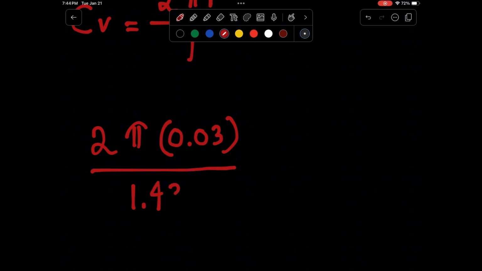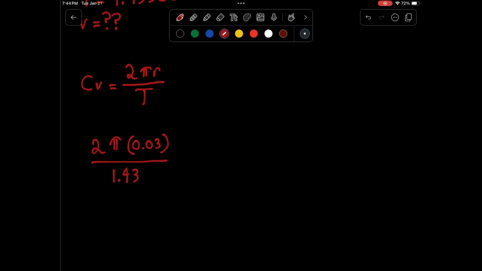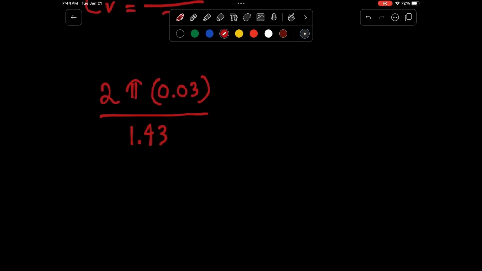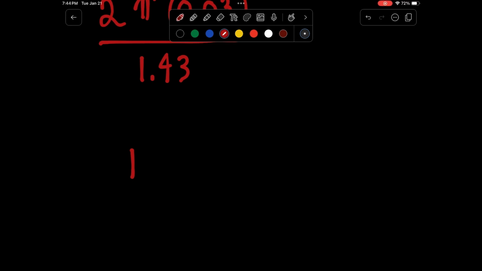After plugging these values in, I was given a nice answer of 0.1317 meters per second.